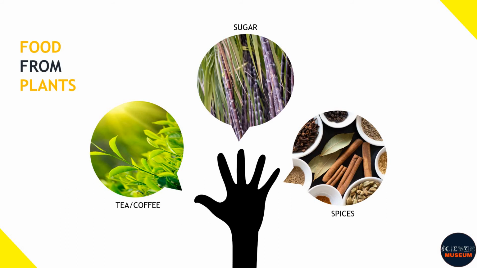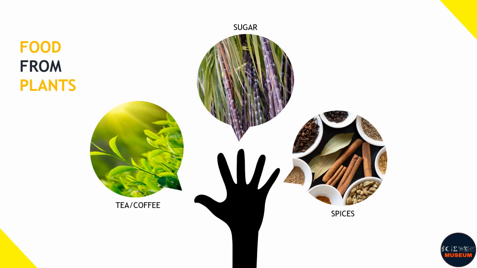Students, tea and coffee are obtained from the leaves of the tea plant and the seeds of the coffee plant. And sugar. Some plants are rich in sugar, for example sugarcane and beetroot. These are the main sources of sugar. And spices. Spices are the main ingredient of spicy food. Spices are parts of plants used to add taste and flavor to raw or cooked food.